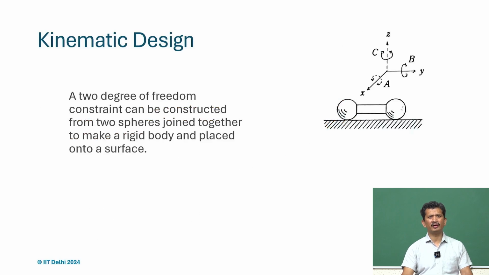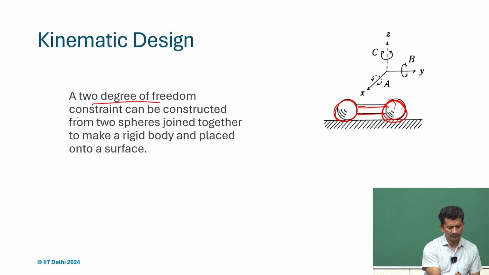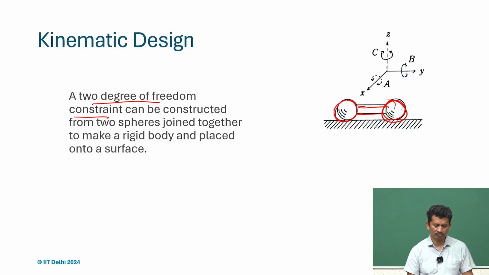Similarly, if we extend the same concept and start designing devices or links or components. So, 2 contacts. For instance, if you simply take a link, any object, and rest it on the surface. Here is a dumbbell shape, or what we can say, 2 spherical balls connected rigidly. So, 2 degree of freedom constraint. We want to define 2 constraints, and how can it be constructed?